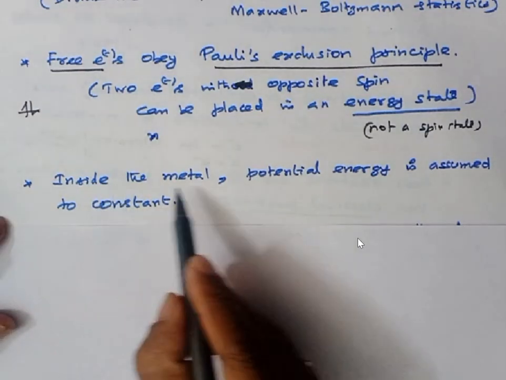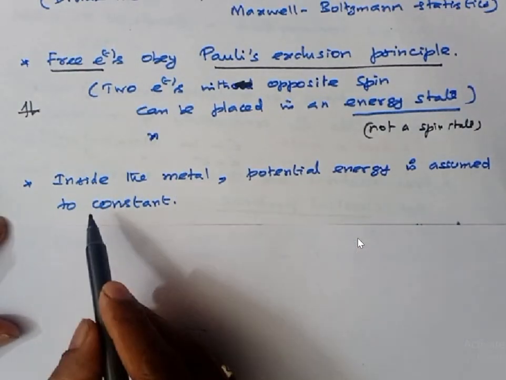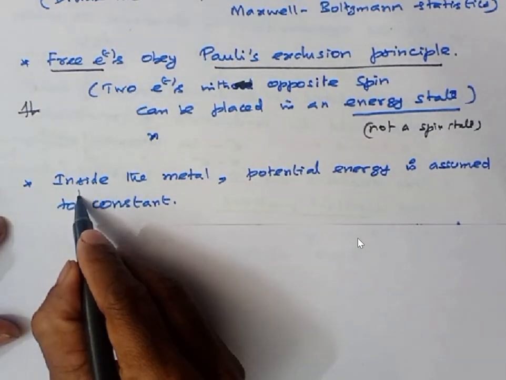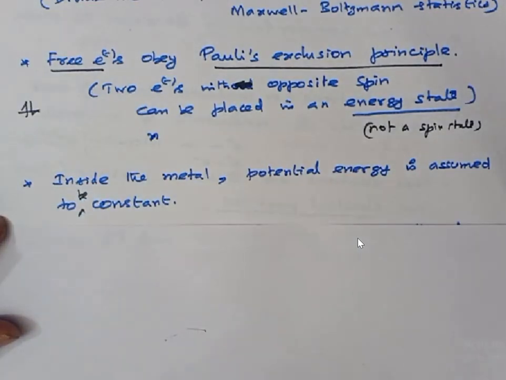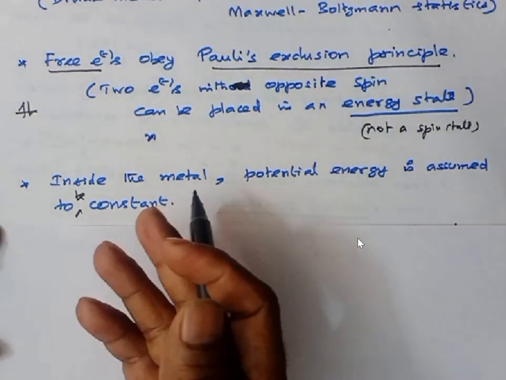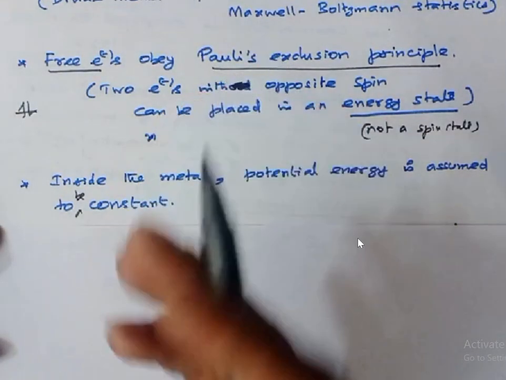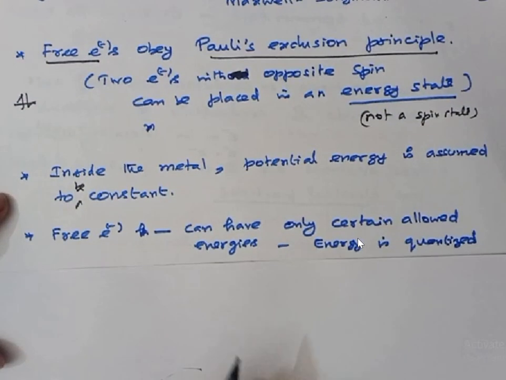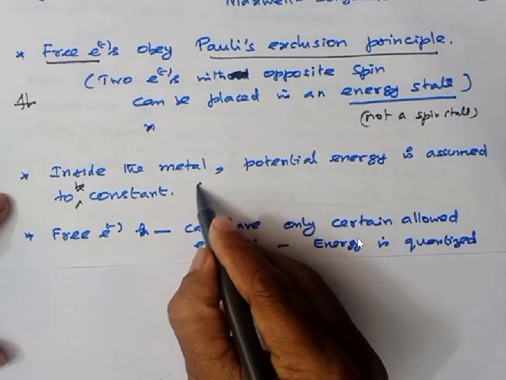Therefore, inside the metal, potential energy is assumed to be constant. It was assumed that the electrons travel inside the metal with a constant potential energy. Since the potential energy is constant, you can also assume it as 0 for convenience.